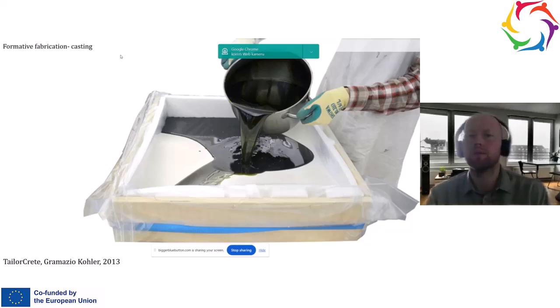They decided to use reusable wax as the casting material. They poured the wax into a box that was already filled with sand, and the shape of the sand had already been adapted to the form with an industrial robot that shaped it.